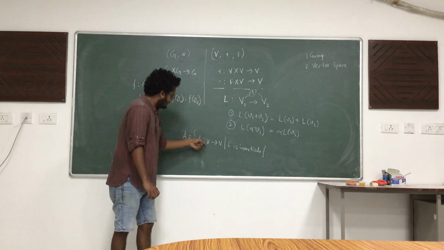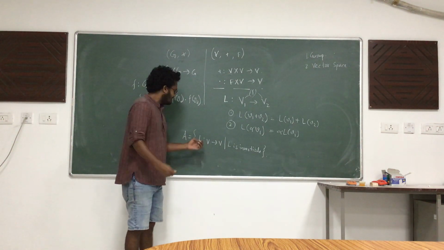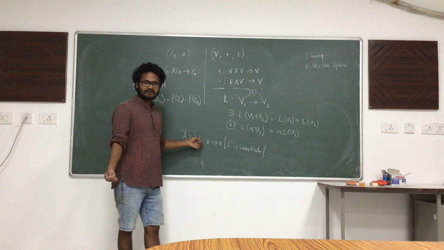In other words, if it is a finite dimensional vector space and we choose a basis, then L is basically some non-singular matrix.